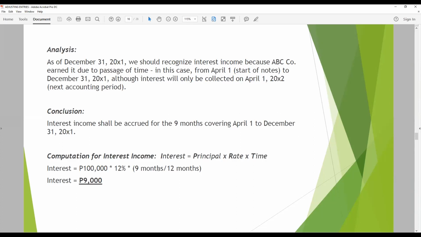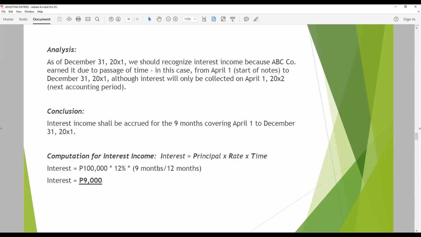So i-divide nyo muna by 12, 100,000 divided by 12 para ma-compute yung monthly interest accrual times 9 months. So ang interest is 9,000. So 100,000 times 12% is 12,000. So 1,000 per month yung interest na na-earn nyo. So the earned income as of December 31 is 9,000.